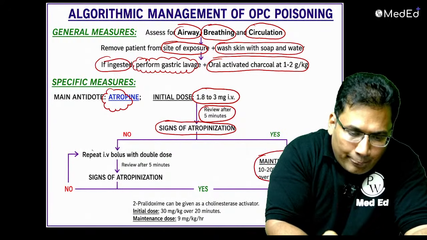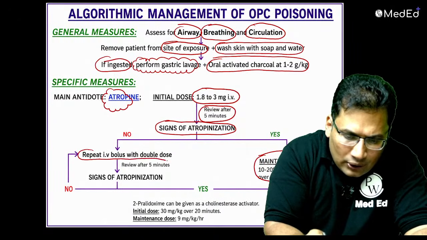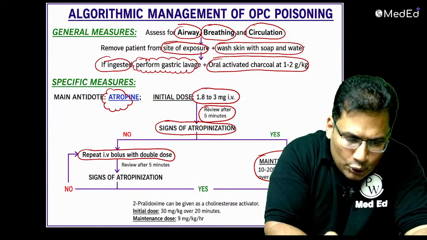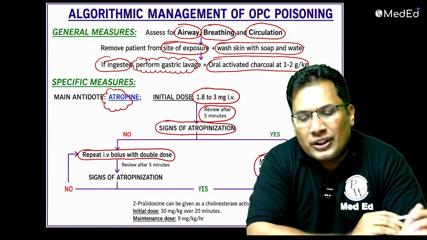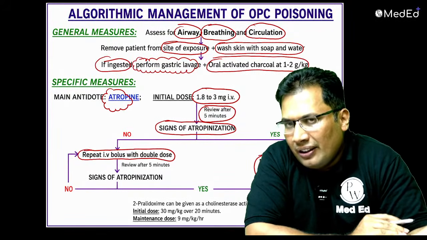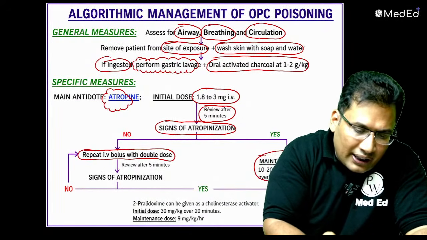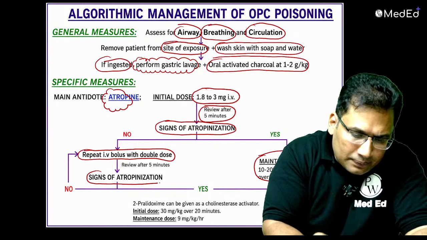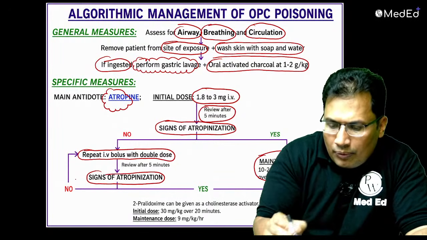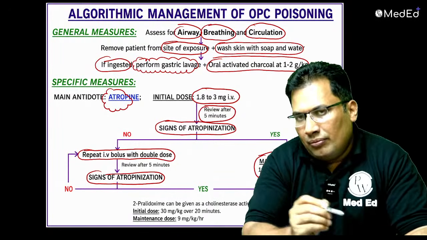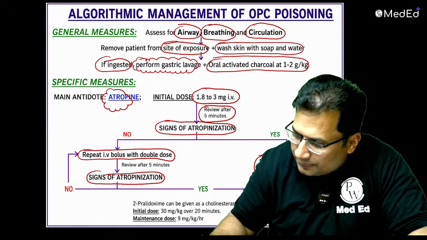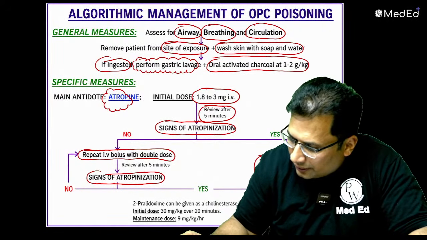If no, then you can repeat IV bolus with a double dosage. 2 mg, then it is 4 mg like that. Again, look for signs of atropinization. The same repeats. Okay.